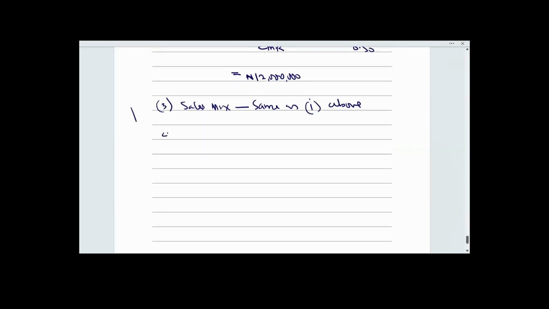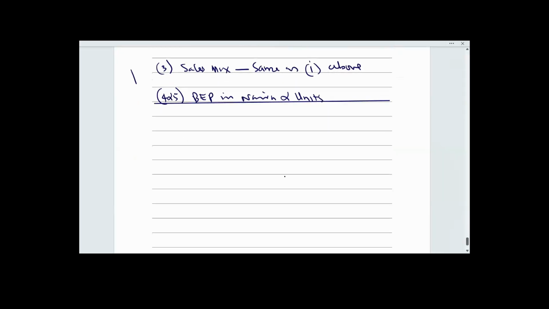Then 4 and 5 now. Break-even point in Naira and units. That's it. It's not difficult. You just have to shine your eye and ensure you are doing the right thing. So first column is products.